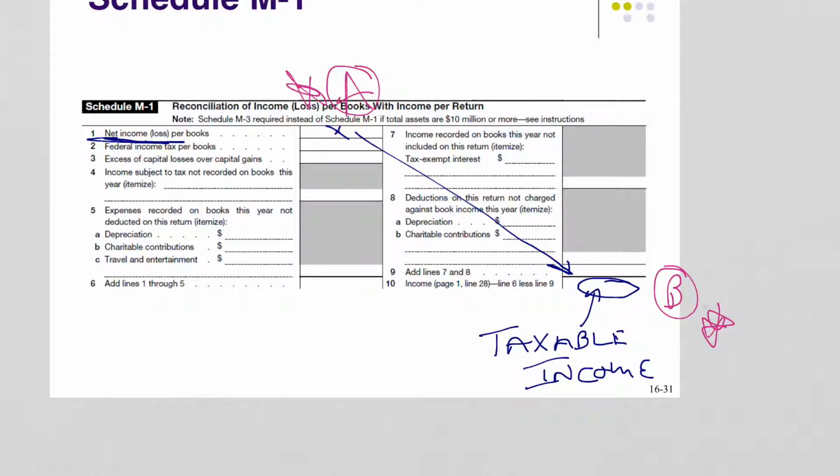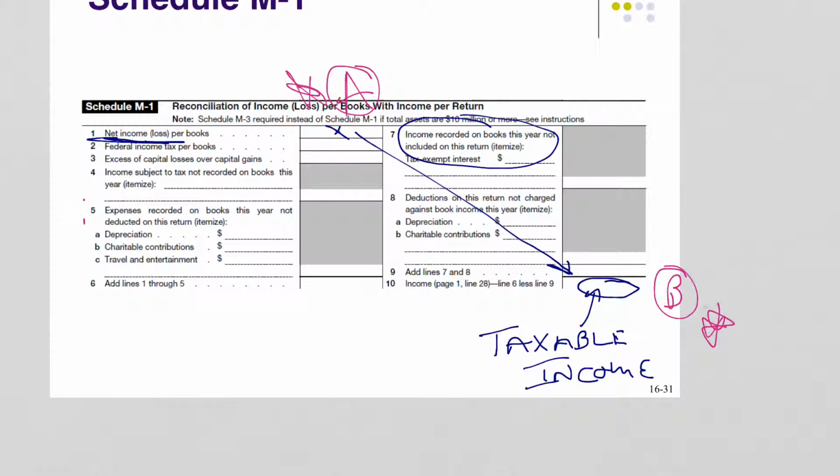Now, it all may be perfectly legitimate, and most of the time it is. But what the IRS does is they get a glimpse of the things that are being reported differently in order to see whether or not there's something that catches their eye. And in particular, what catches their eye is, amongst other things, but to give you some ideas, certainly would be line 7 here, where it's income recorded on the books but not on the tax return.